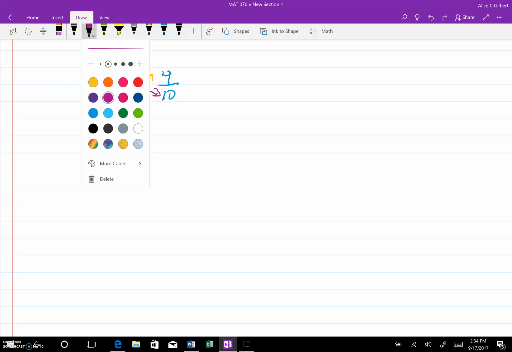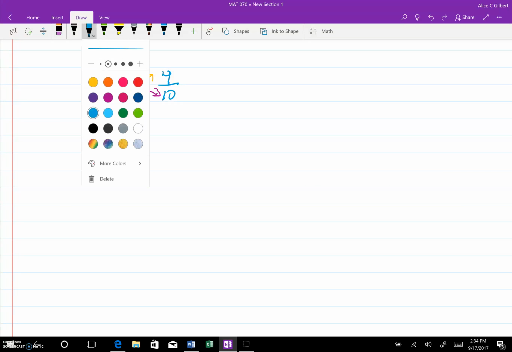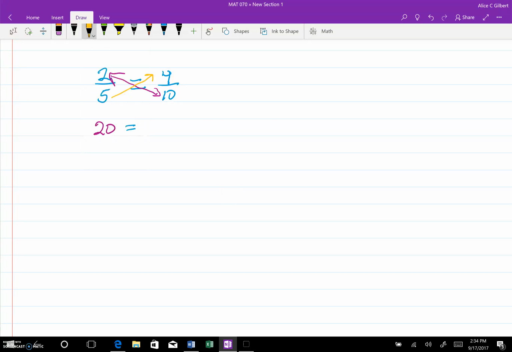Okay, so let's first multiply the 2 times the 10. When I multiply 2 times 10, I get 20. And it equals, and now let's multiply the 5 times 4, and I get 20, and they are equal, so this is a proportion.